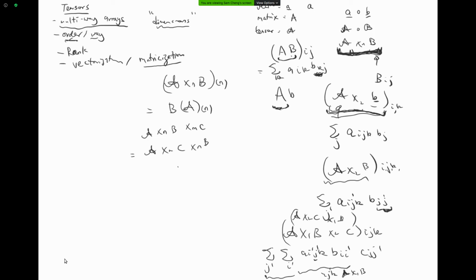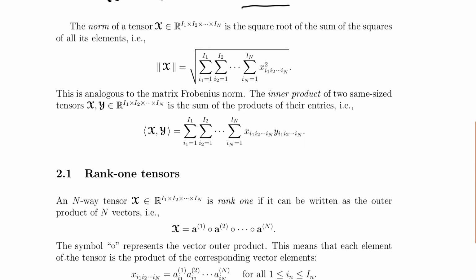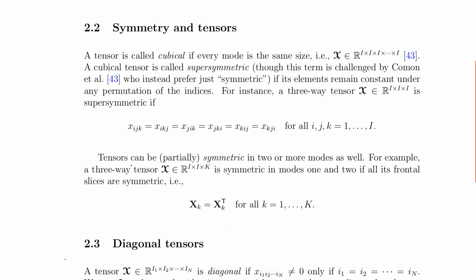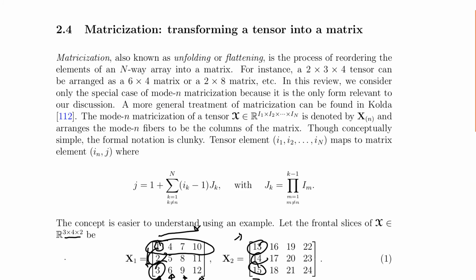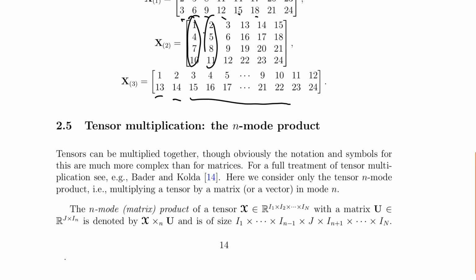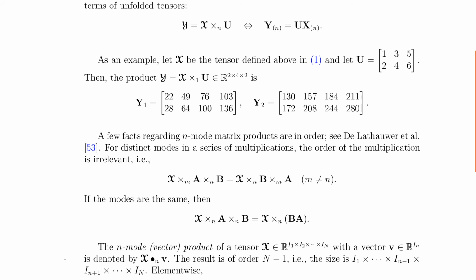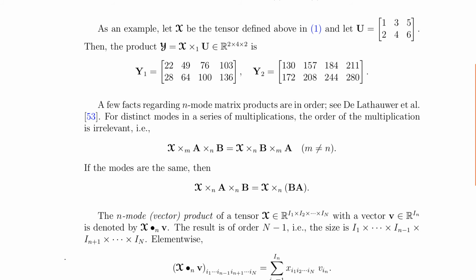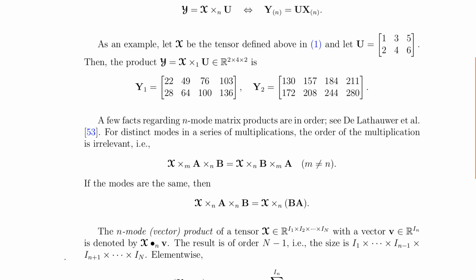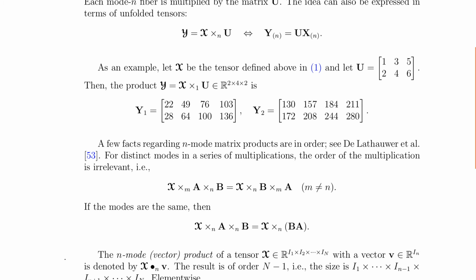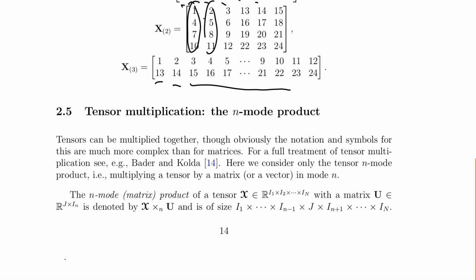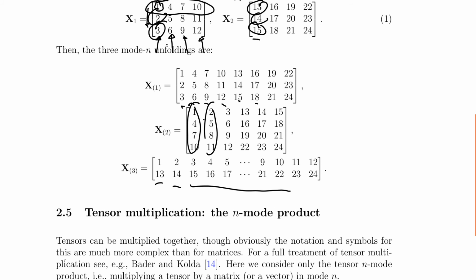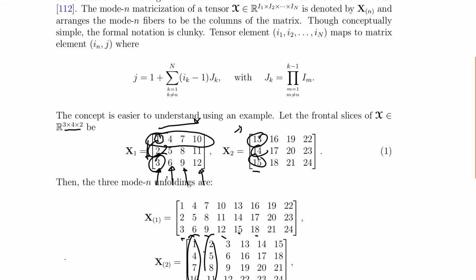On the other hand, if m and n are the same, then the order of course will matter. Again, let's look at some numerical example. I think this one here has some numerical example. If you are still confused, then maybe this will probably help. It used the early example, I think it used this tensor here.